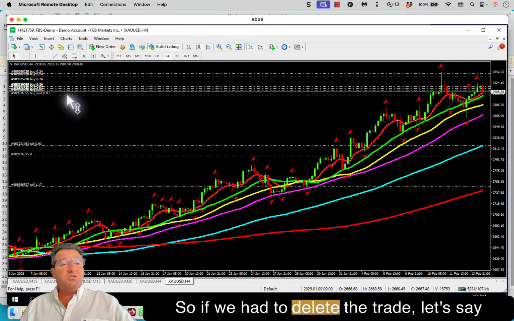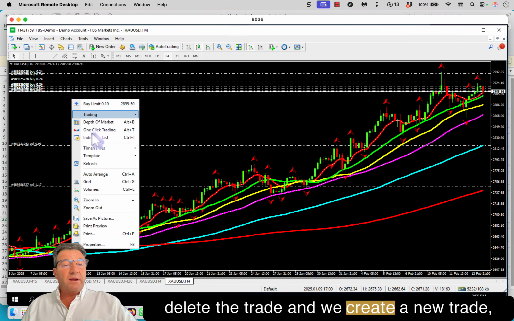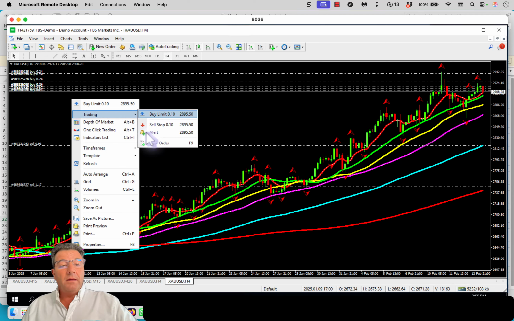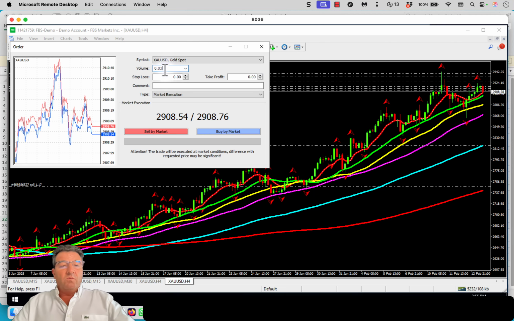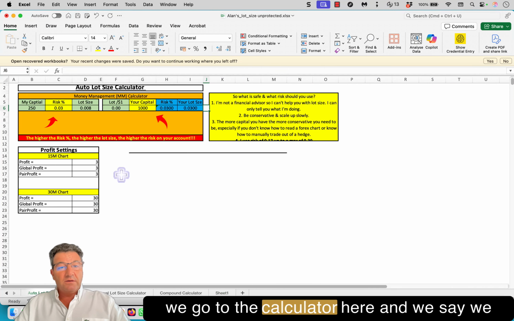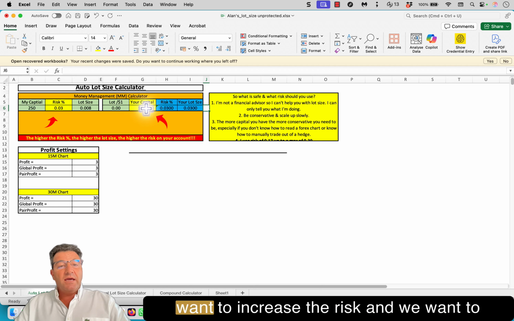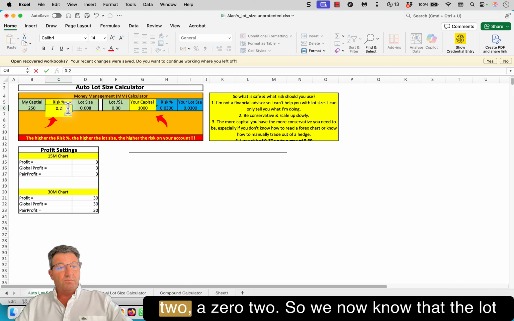So if we had to delete this trade, and we create a new trade, let's say new pending order, and let's go back to the calculator. We go to the calculator here and we say we want to increase the risk to, let's say, 0.2.